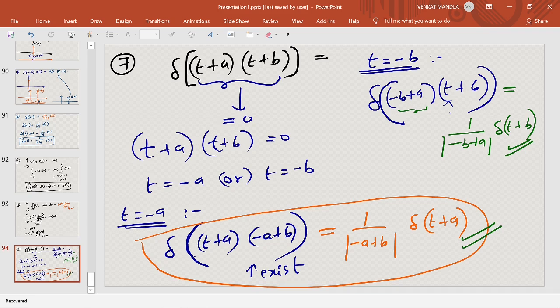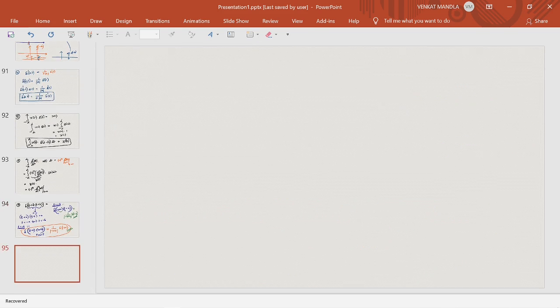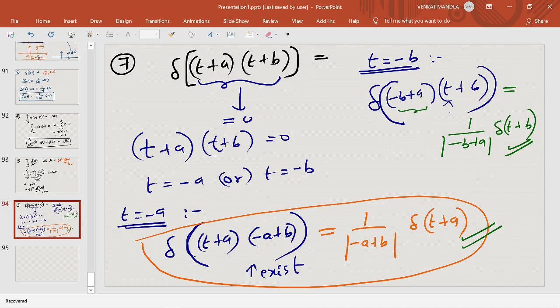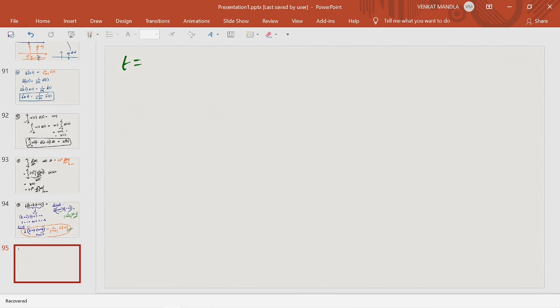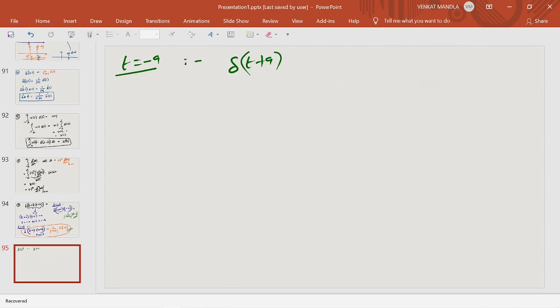I will represent these signals on a graph, and then you will get some feel. What I got first is 1/|−a+b| times δ(t+a). At t equal to minus a, the original signal δ((t+a)(t+b)) equals 1/|b−a| times δ(t+a).